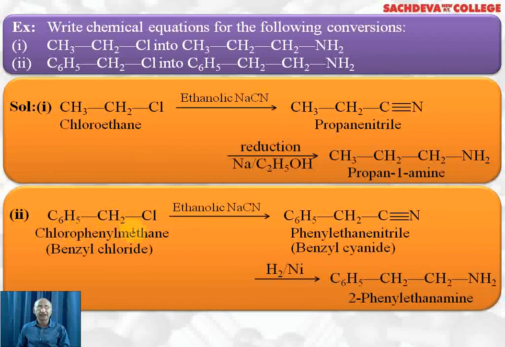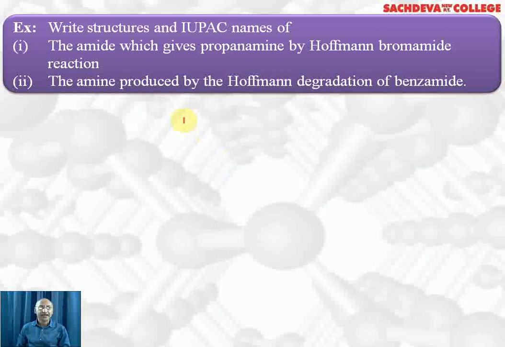Benzyl chloride or chlorophenylmethane is reacted with ethanolic NaCN or ethanolic KCN to give phenylethane nitrile, which is also called benzyl cyanide. On reduction with hydrogen and nickel or sodium and ethanol, we will get C6H5CH2CH2NH2, which is 2-phenylethanamine.